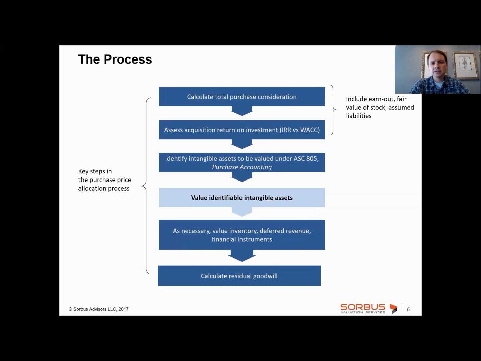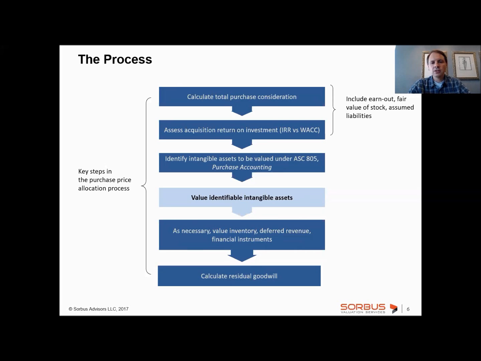First, we have to identify intangibles that need to be separated and recognized apart from goodwill, following ASC 805 requirements for it. We value those intangibles. We may value, as I mentioned, other elements of the balance sheet depending on what needs to be fair valued. And at the end of this process, we determine what the residual goodwill is.